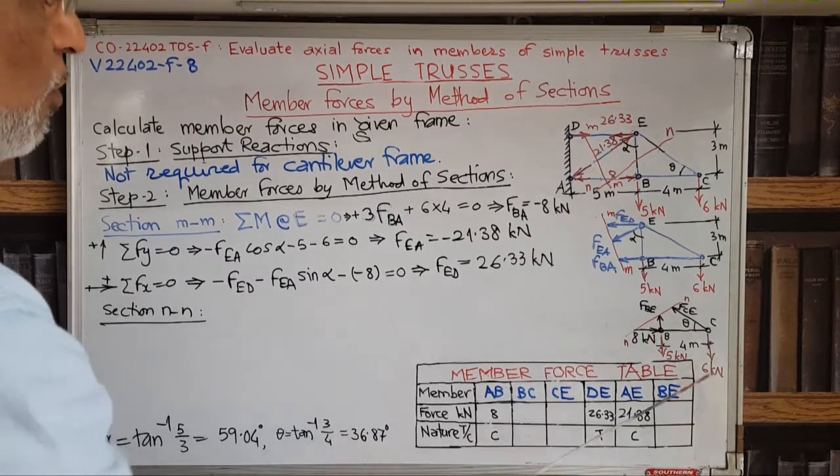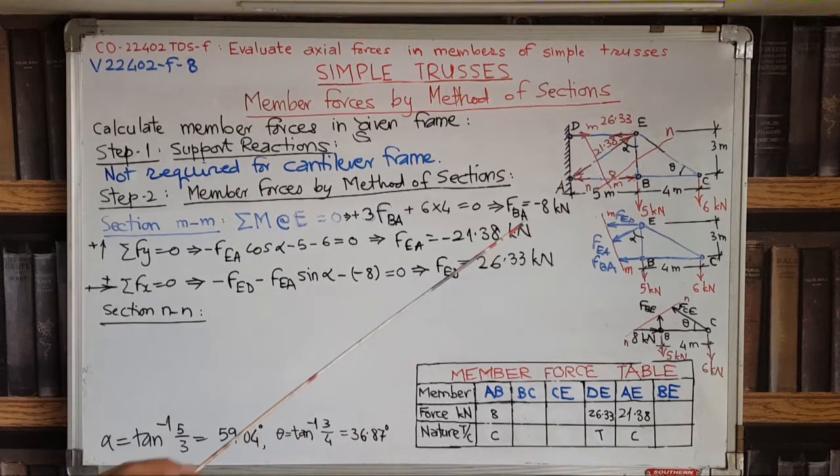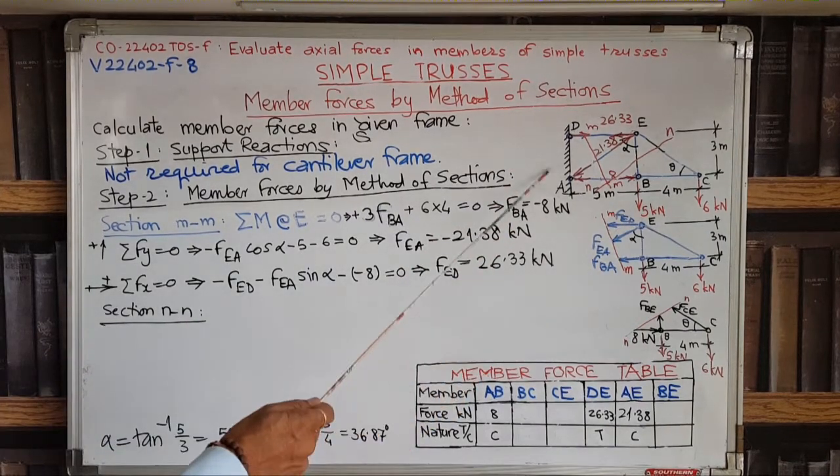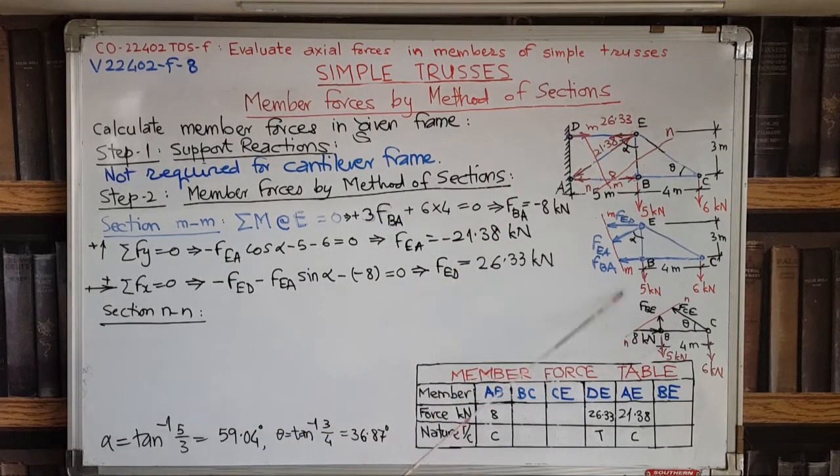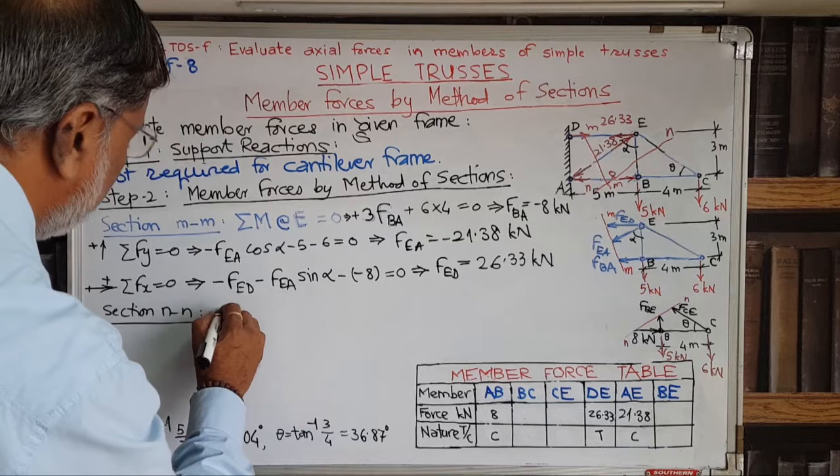Now for this free body diagram, again the same principle. The frame as a complete frame was in equilibrium. That means every part of the frame must be in equilibrium. So we are going to apply the conditions of equilibrium to this frame. Since all the forces together are non-concurrent, we will apply all the 3 conditions of equilibrium. So we can apply the sigma m condition first.